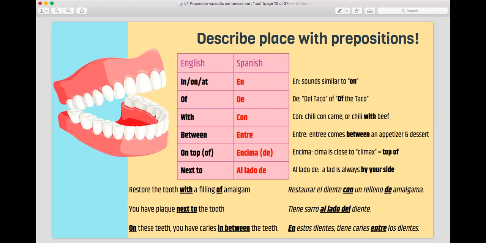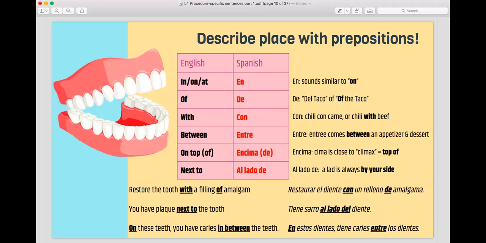On the right are memory aids for you guys, like tiny memory aids to remember. So en sounds similar to on, so that's a good one. And del taco, of the taco, like the restaurant.